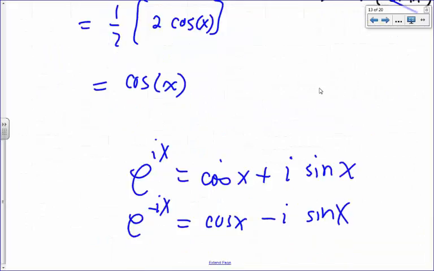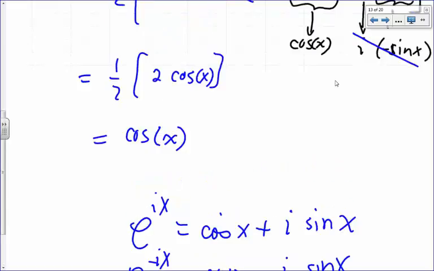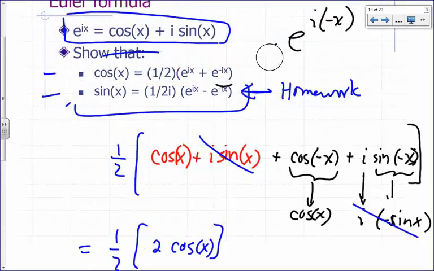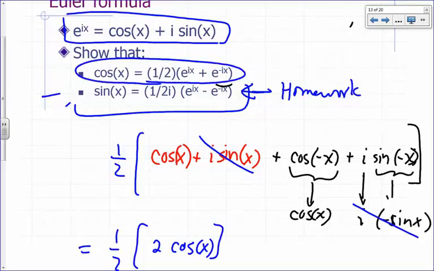Where x can be anything, okay? e to the i anything is equal to cosine anything plus i sine anything. We just did the first one: we just showed that 1/2 of e to the ix plus e to the negative ix is cosine x. So you need to show that sine x is 1 over 2i times e to the ix minus e to the negative ix.